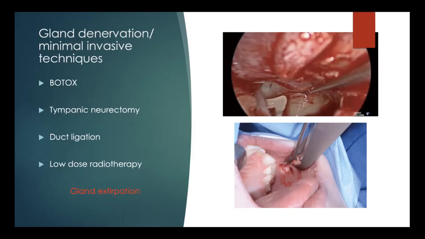In extreme cases, you can give low dose radiotherapy as well to deaden the acini and reduce the salivary secretions. Once the secretions go completely off, the patient's symptoms usually subside. Of course, this seems a more drastic option, but it's mentioned in literature.